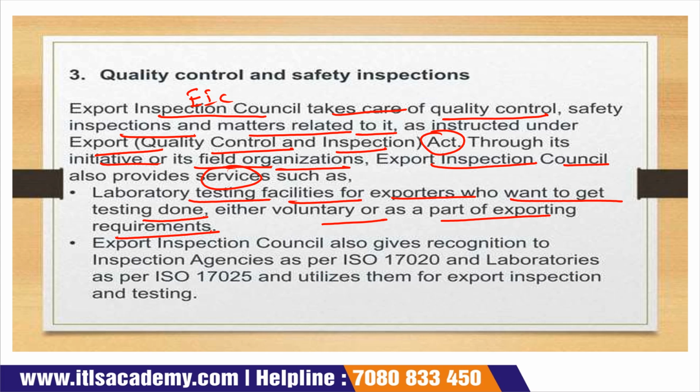Okay, and it is done either voluntarily or as part of the exporting requirement. The Export Inspection Council also gives recognition to inspection agencies as per ISO 17020. This is what?